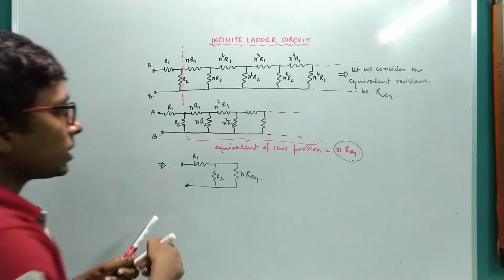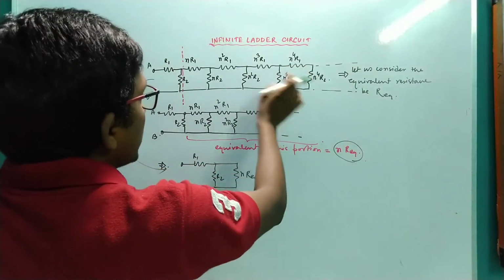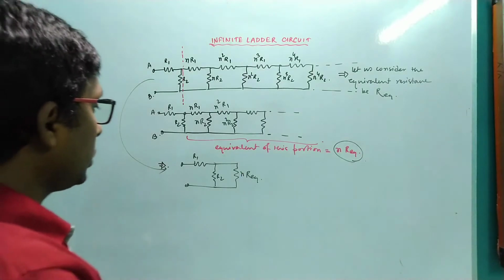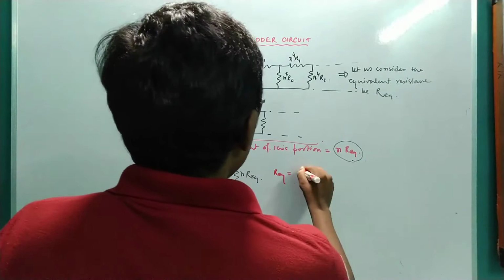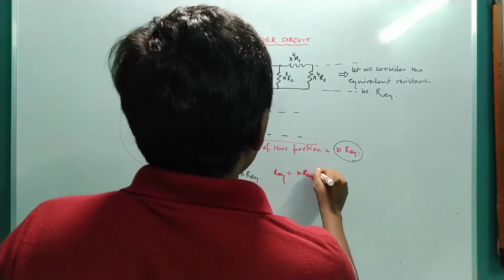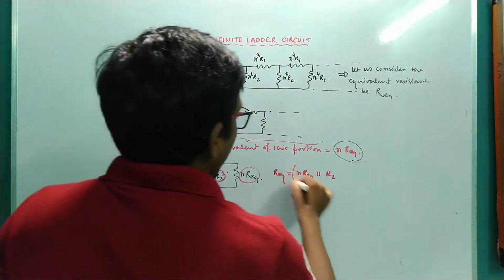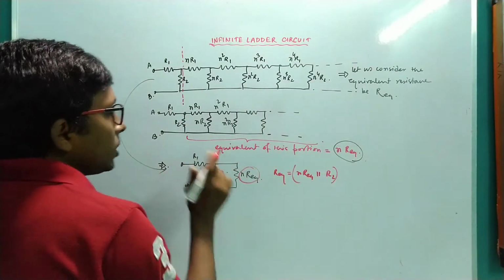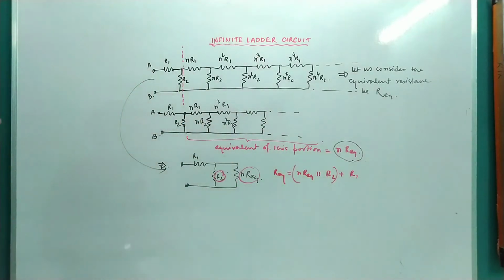This is the equivalent circuit, the simplest form of the given circuit. So R equivalent is equal to N R equivalent parallel to R2, and after that this is in series with R1. Now you have to solve for R equivalent.